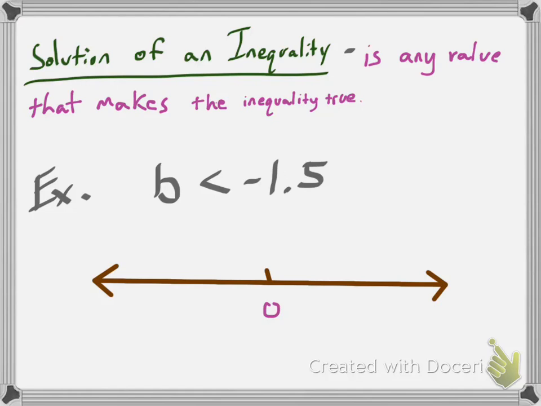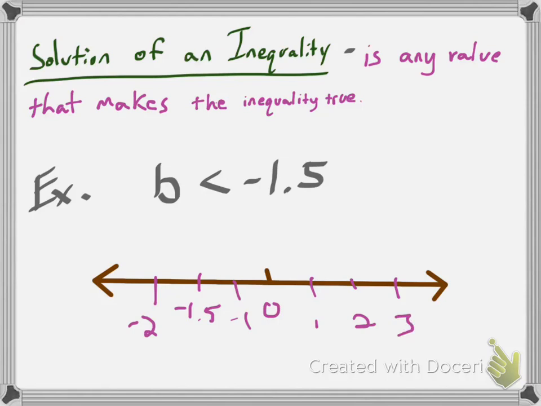You always want numbers above the quantity you're representing and below it. So negative 1.5 is right here, between negative 1 and negative 2. Also, I represent the positive sides too.